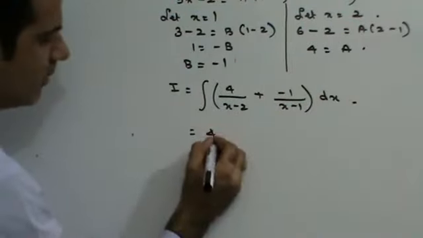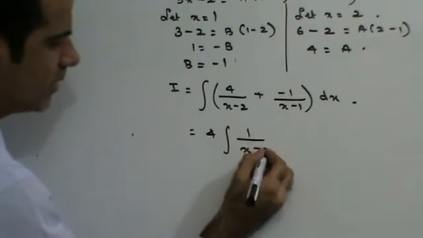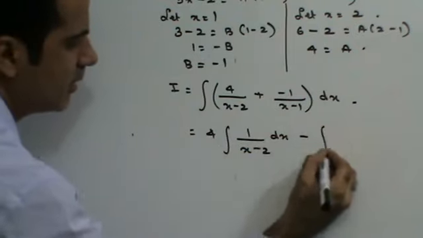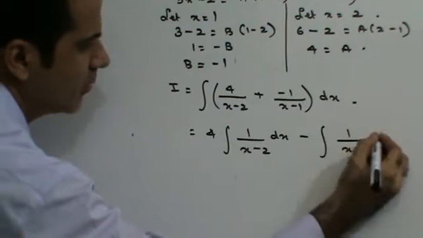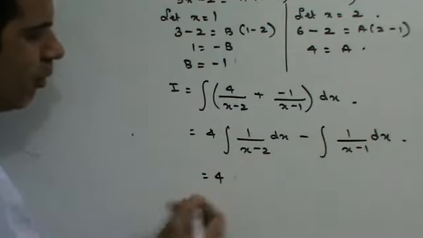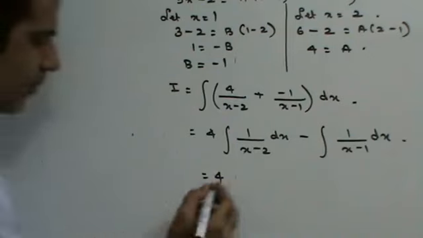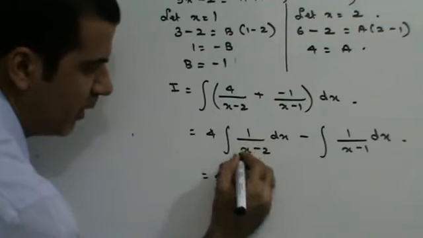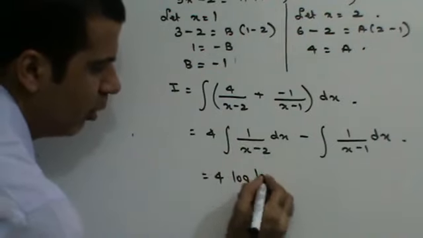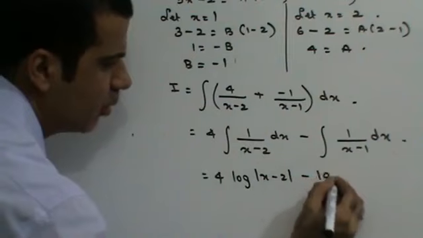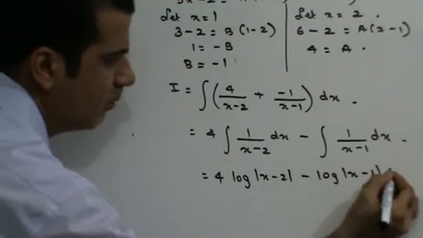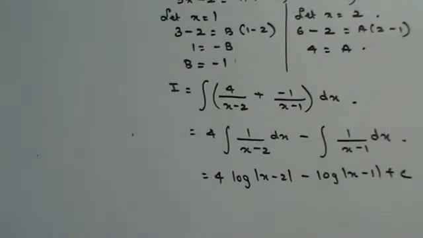This can be written as 4 integral of 1 upon x minus 2 dx minus integral of 1 upon x minus 1 dx. Integral of 1 upon ax plus b is 1 upon a log mod ax plus b. The value of a is 1 here. Straight away, 4 log x minus 2 minus log x minus 1 plus c. Sum is over. Let's move on to the next sum guys.